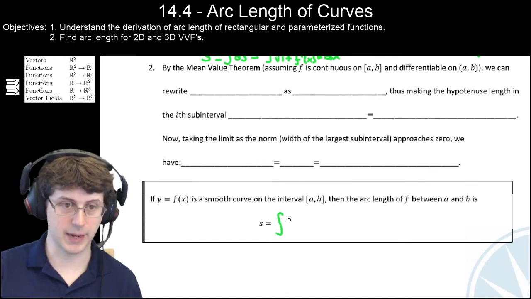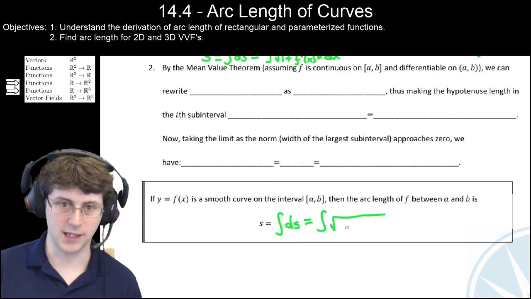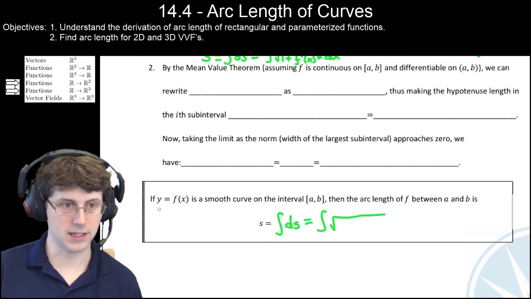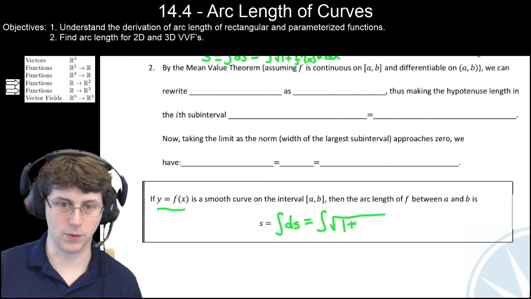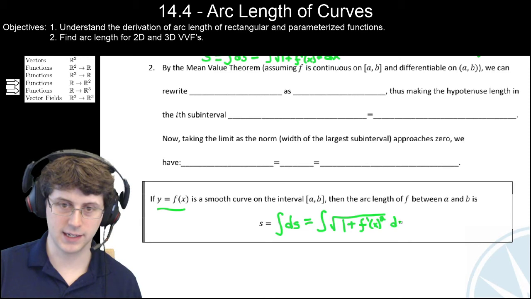You get s by adding up all the little bits of s. So if it's y equals f of x, then you get the integral of the square root of 1 plus f prime of x squared dx.